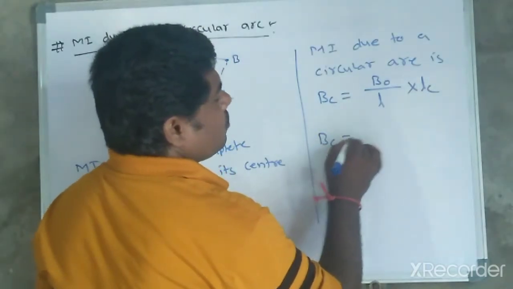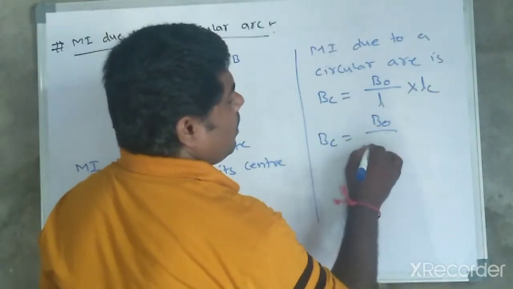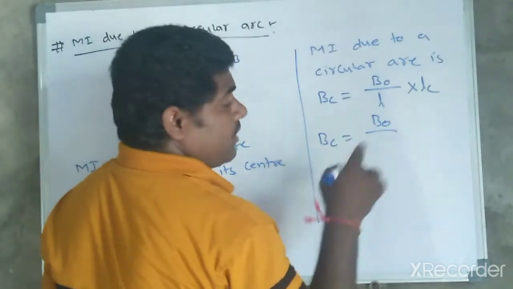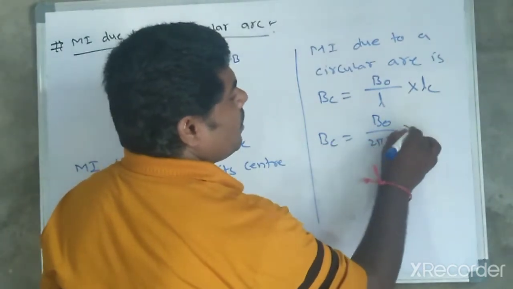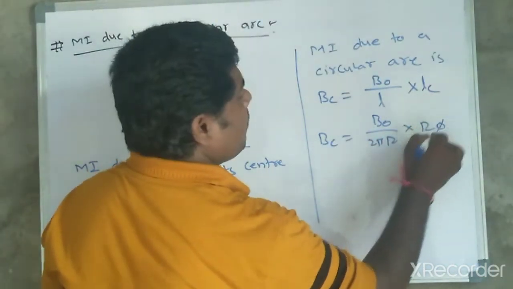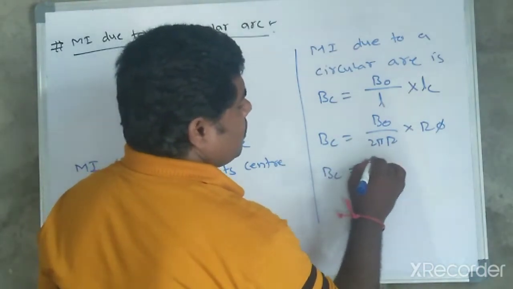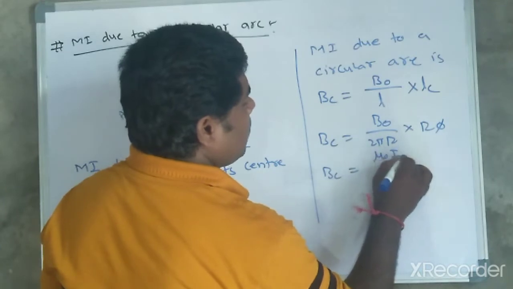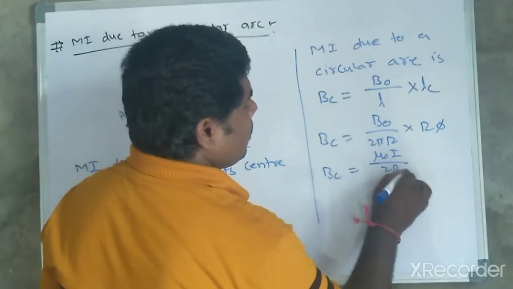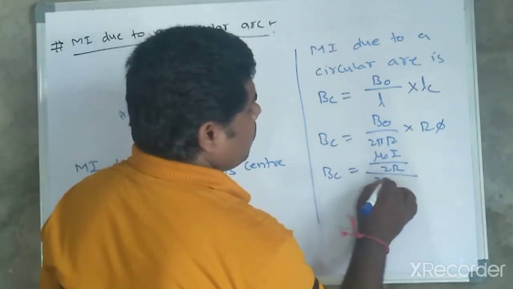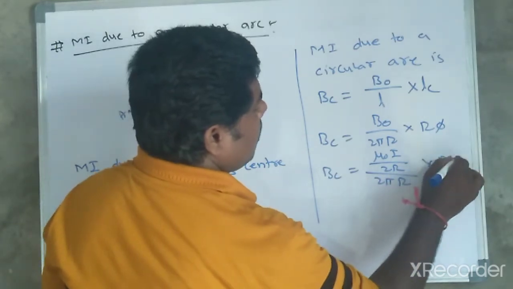So here BC is equal to B naught divided by the circumference length 2 pi R, into LC, which is R into phi. Here the B naught value we already know, so substitute mu naught I divided by 2 R, whole divided by 2 pi R, into R phi.